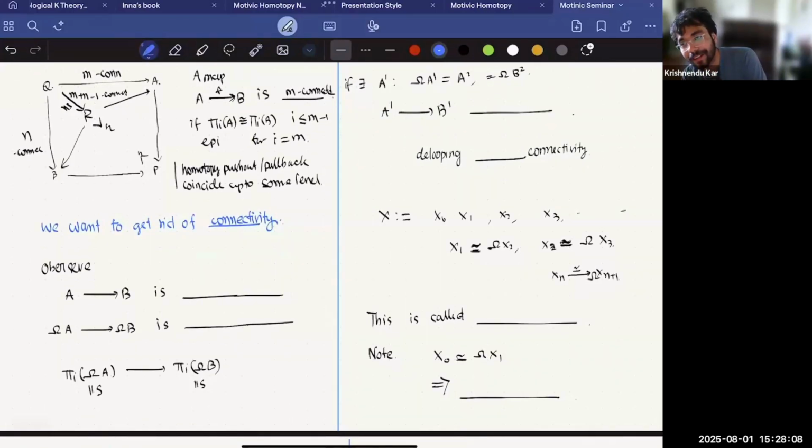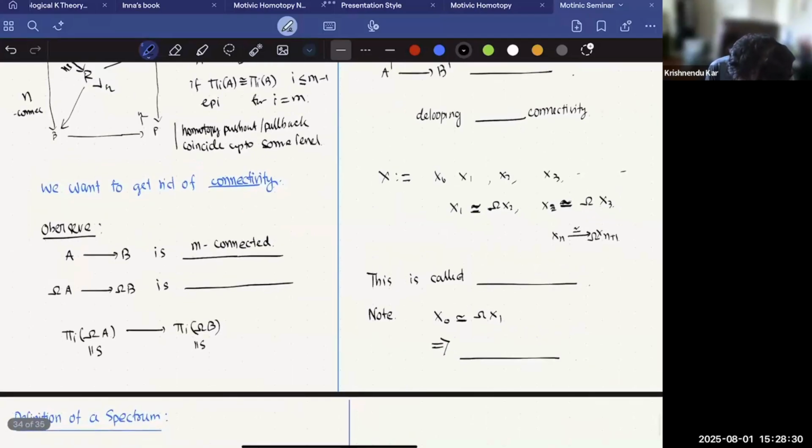So to do that, let's make a few observations now. If a map A to B is M connected, then what happens to their loop spaces? Let's look at that. So what is your pi I of omega A?